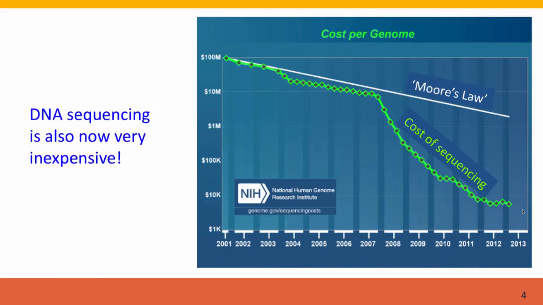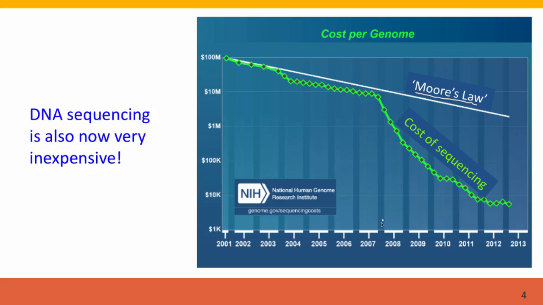Modern DNA sequencing is also an awful lot cheaper than it used to be. Here's a graph showing the cost of DNA sequencing as it's changed between the year 2001 and the year 2013. And it's compared with the Moore's Law decrease in the cost of computer power, which goes down. I think Moore's Law has it that the cost of computer power falls by half every 6 months.